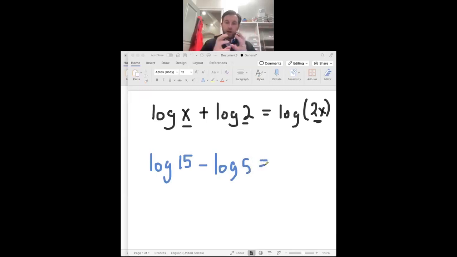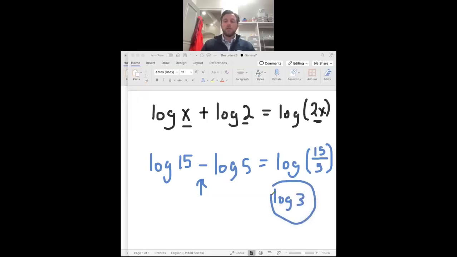I can join them together into one log expression. But what am I going to do with the 15 and the 5? Because it's subtraction in the middle, I divide the 15 and the 5. And if you can simplify the fraction, you want to go ahead and do it. That's the answer for that one. So all these rules go hand in hand, and work in both directions.